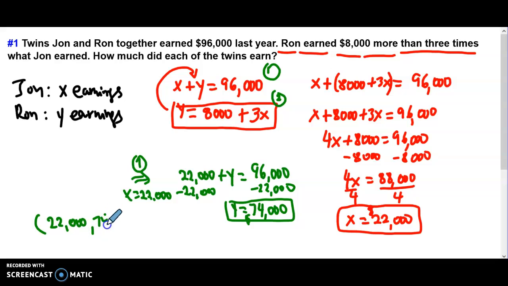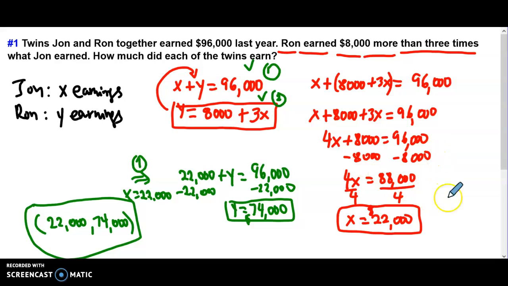As an ordered pair, here's what I have. The first equation is telling me that the addition of those two should be 96, which is correct. And the second is telling me 3 times 22, which is 66. 66 plus 8 is 74. Yes. So this ordered pair satisfies both of the original equations, so that has to be the answer. That is number 1.